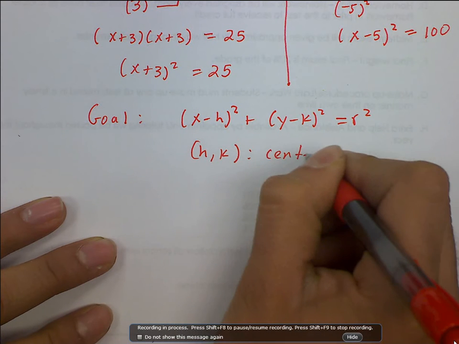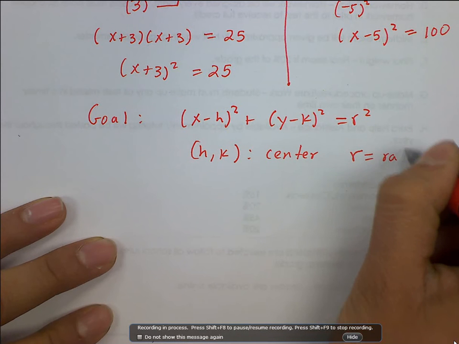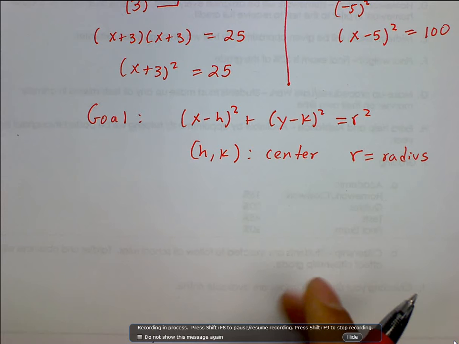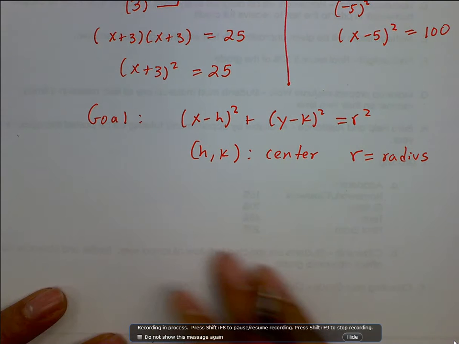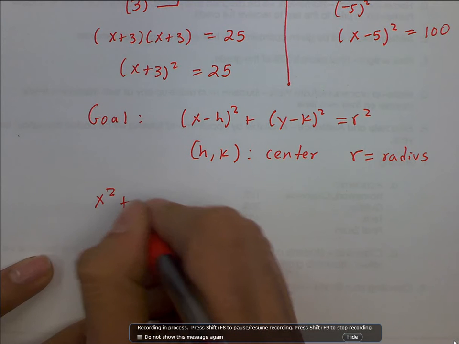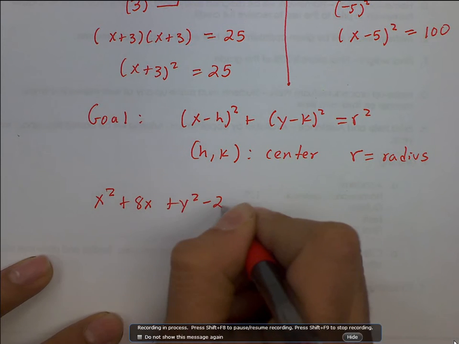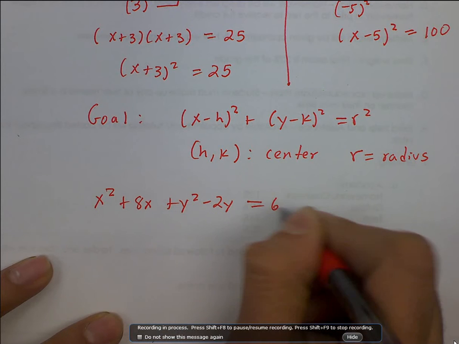That's going to help us graph it. And r is equal to the radius. Okay? So let's say we're given this: x squared plus 8x plus y squared minus 2y is equal to 64.